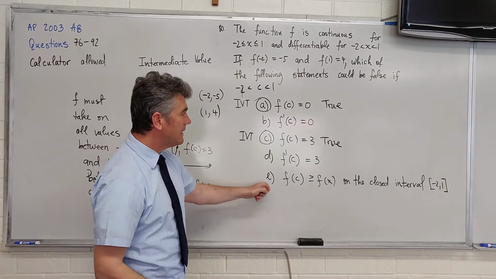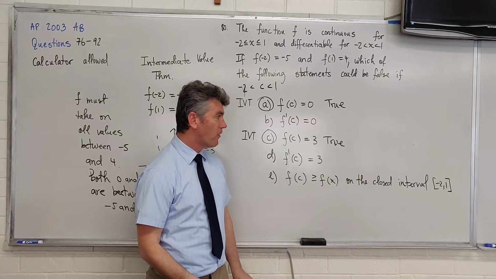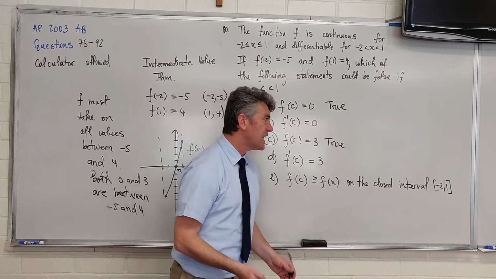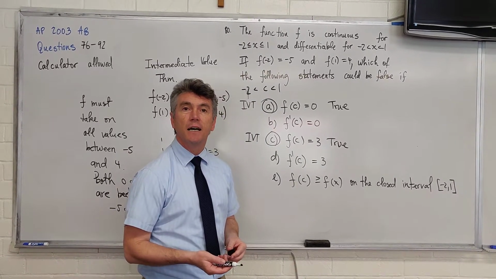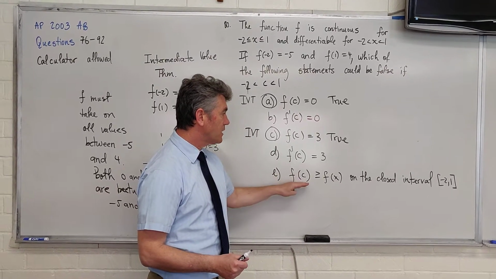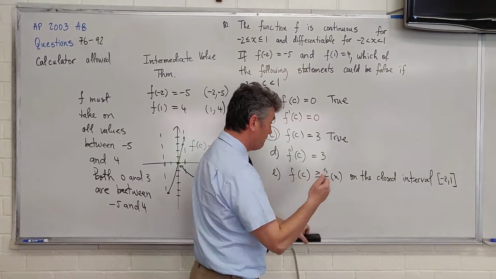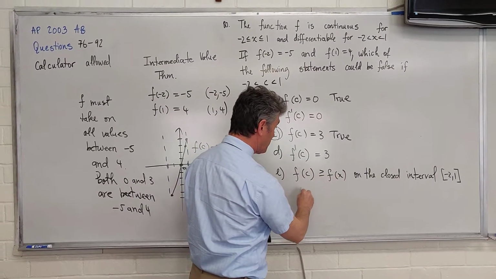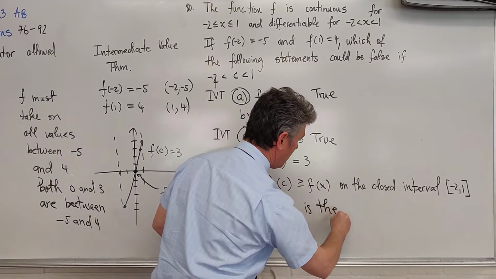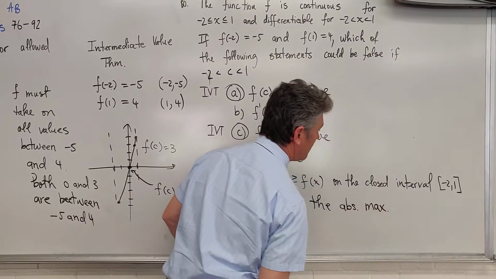Next we go to E. F of c is greater than or equal to f of x on the closed interval from negative 2 to 1. There is a theorem that states that if a function is continuous, then on a closed interval, it achieves both an absolute max and an absolute min. So, from the information given, we see that f of c is the absolute maximum.